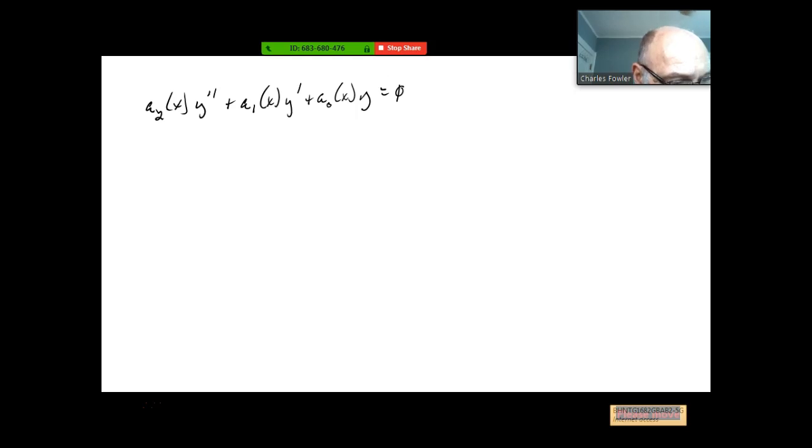Now, we saw that the general solution for such a homogeneous linear second order differential equation is going to be some linear combination. y is equal to some c1 y1 plus some c2 y2. Why?